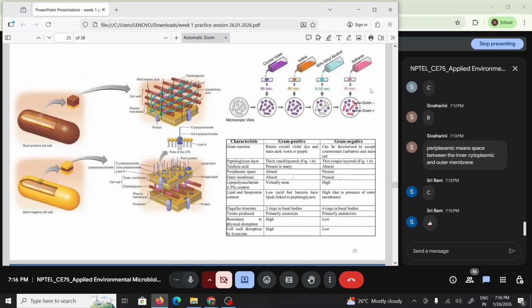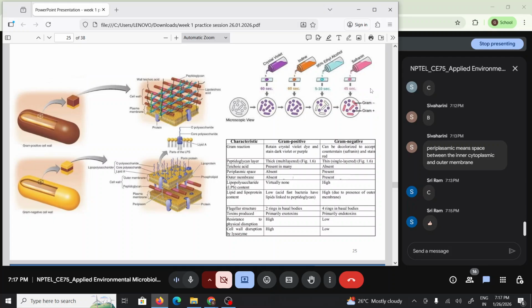In gram positive the crystal violet stain stays and is not washed away by ethanol, whereas in gram negative the crystal violet is washed away by the ethanol, and finally when you add safranin, it stays with the outer membrane, giving you pink color. With that you can identify which organisms are gram positive and which are gram negative.